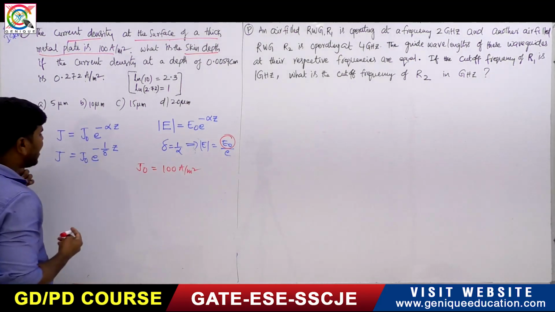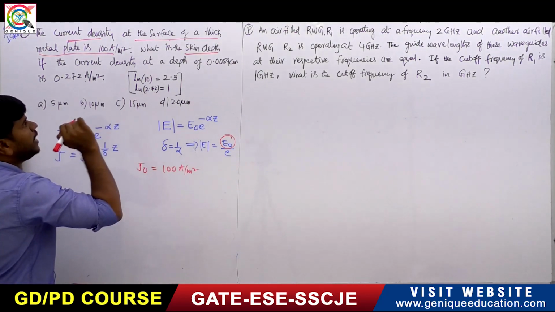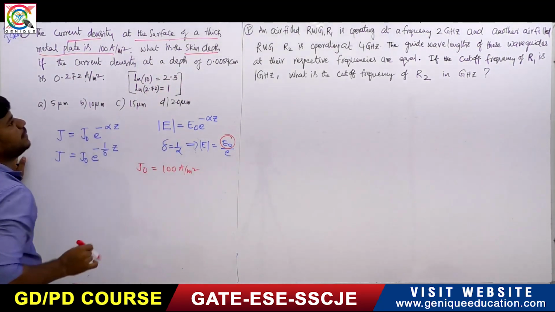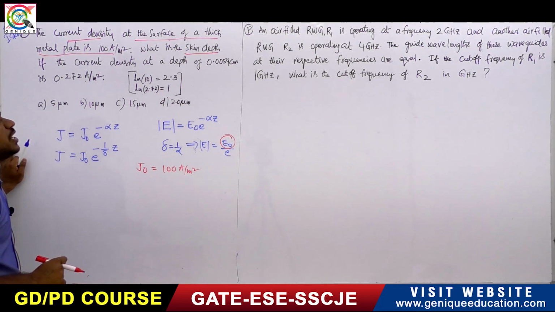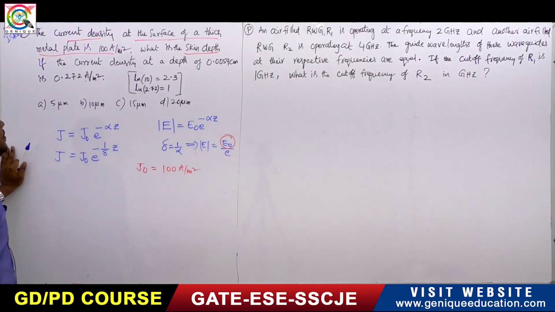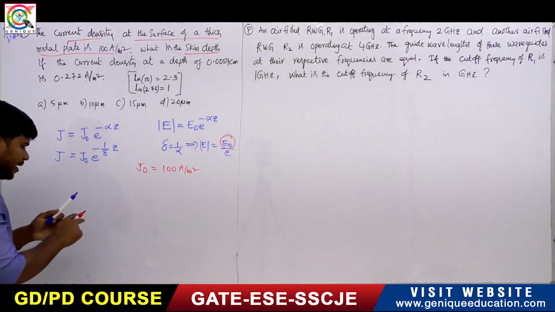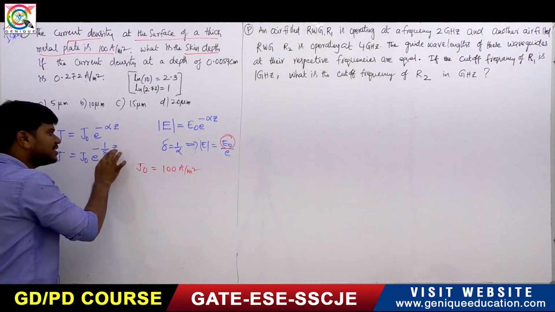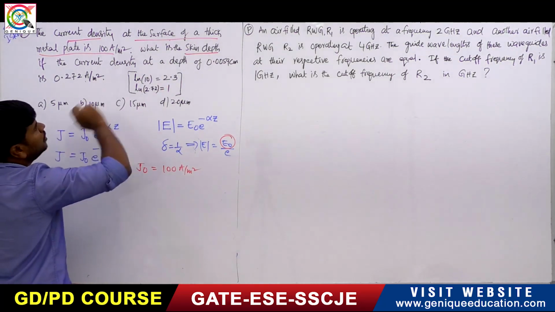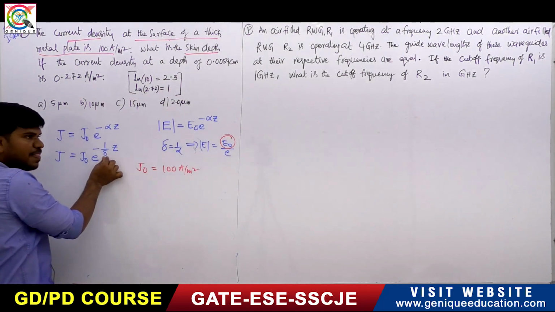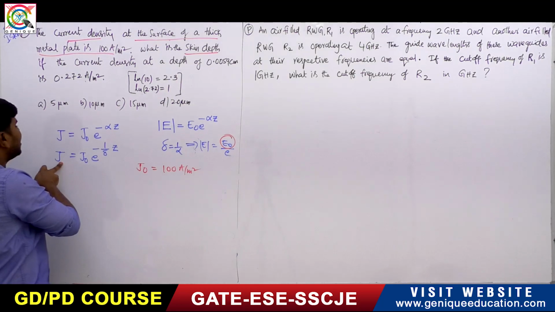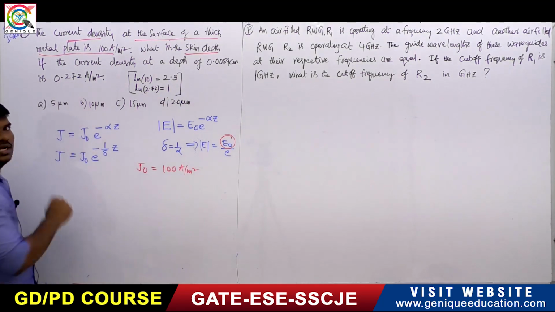Now what do we have to find? We have to find the skin depth delta, given that at this distance the current density is this much.